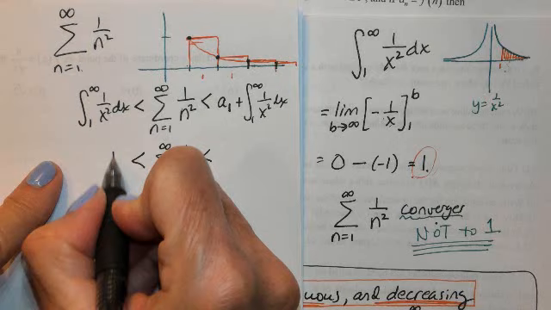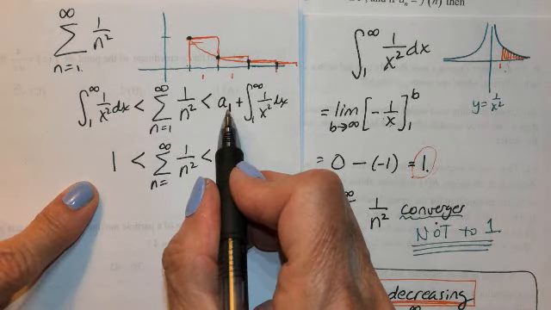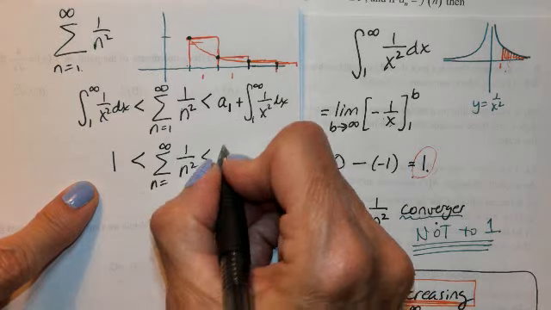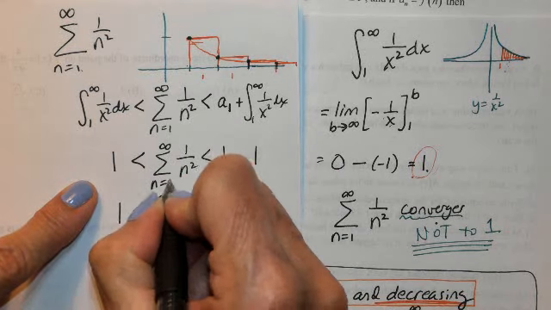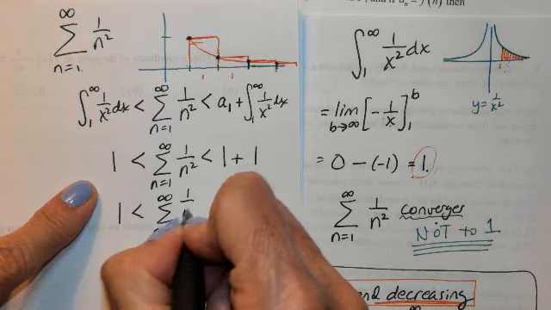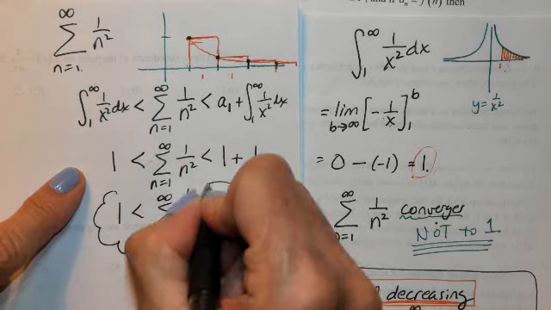That integral was 1. My first term in the series was 1. So my sum is between 1 and 2.